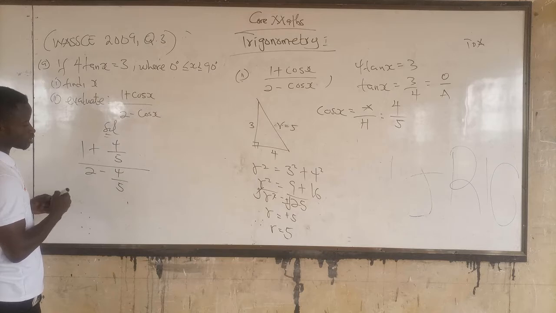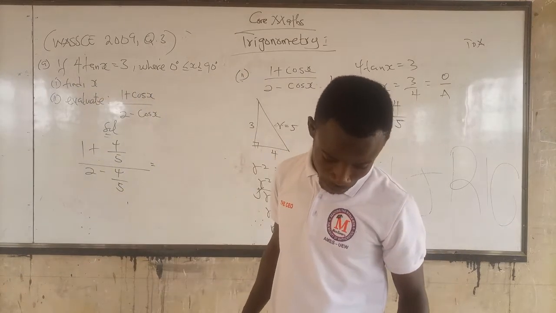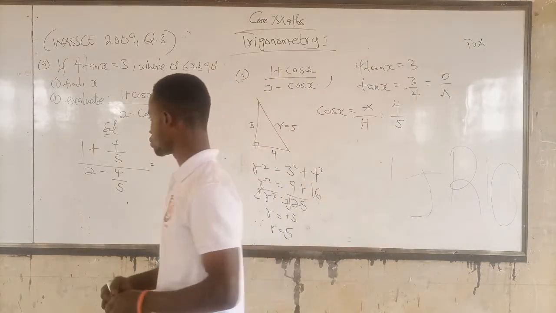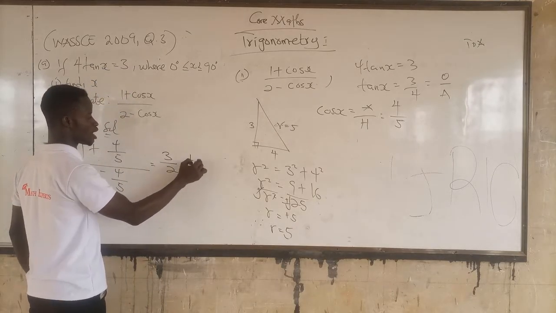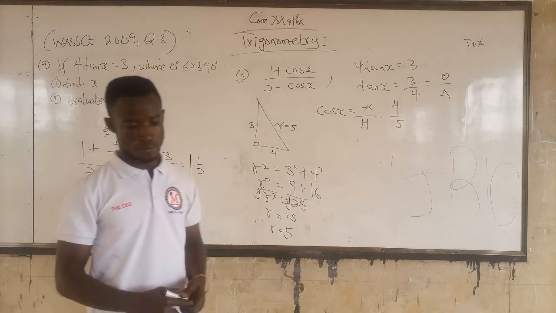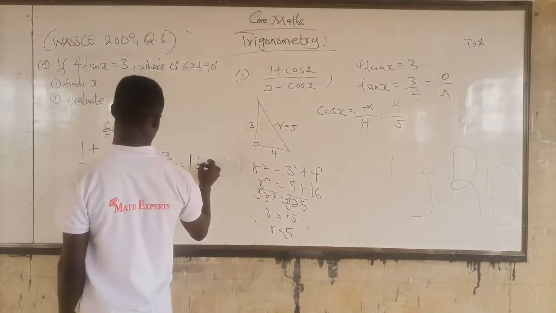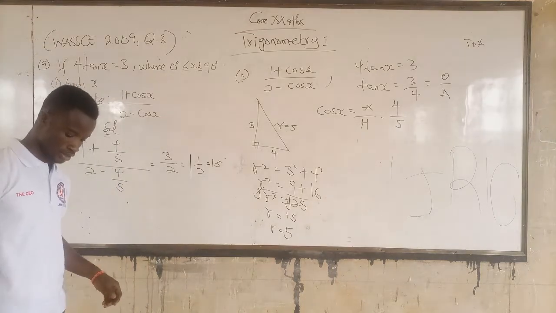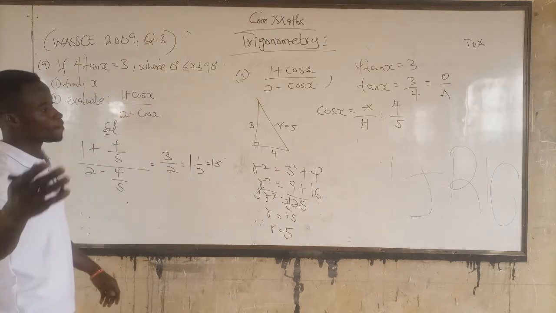So you work with this and you will finally arrive at 3 over 2, which is one whole number, 1 over 2. You can also leave it in decimals, which is 1.5. Okay, so that is all for that.